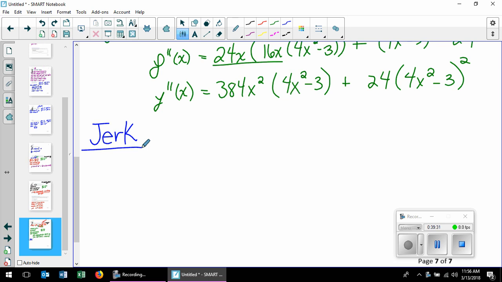So we have two product rules. Are you ready for this? So there is my first one. We're going to have to do the product rule off that one. So what is the derivative of this one? Right? What's the derivative of that one?